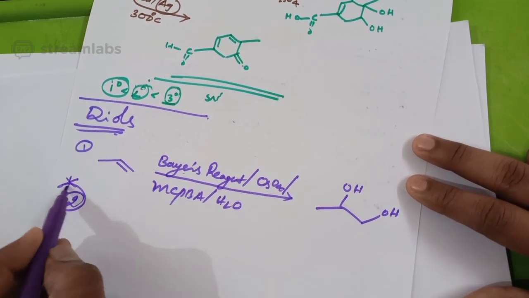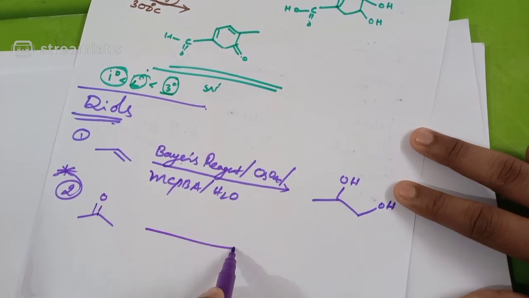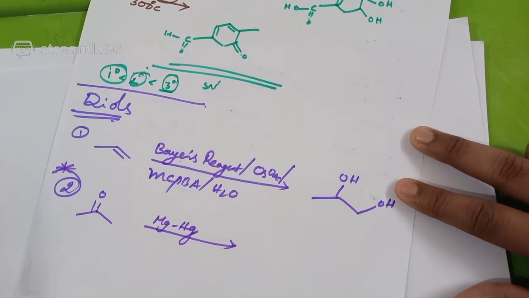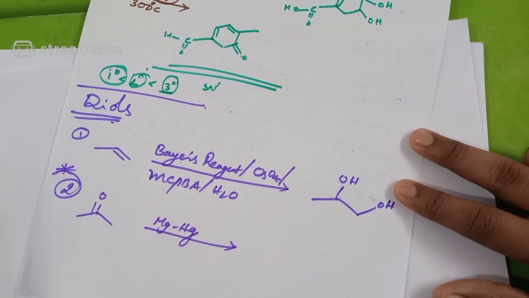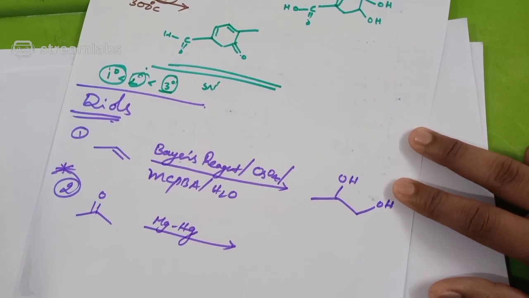And this reaction is important. If I use ketone in the presence of, this is the hint, they'll give magnesium amalgam with ethanol.